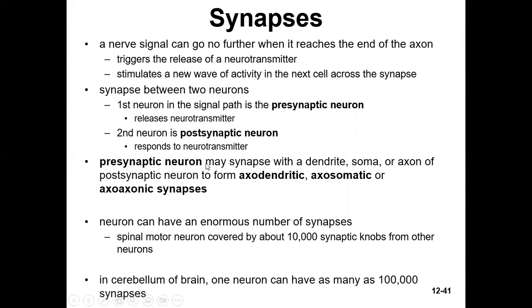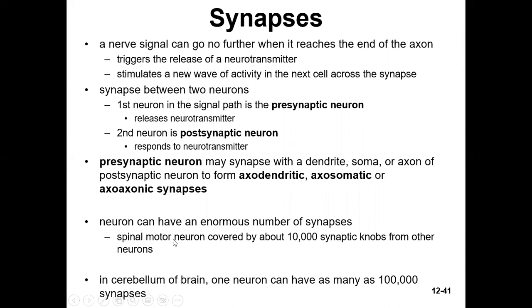The presynaptic neuron may synapse with the dendrite, soma, or axon of the postsynaptic neuron to form different types of synapses. There's an axodendritic, axosomatic, or axoaxonic synapse. The neuron can have an enormous number of synapses.